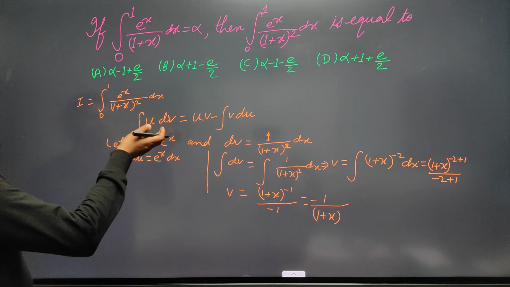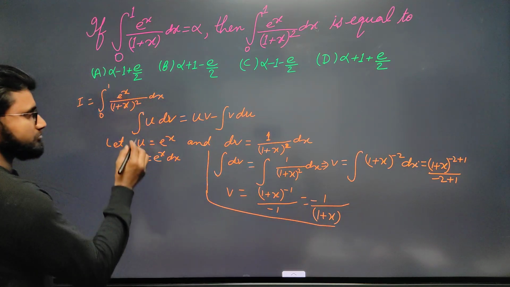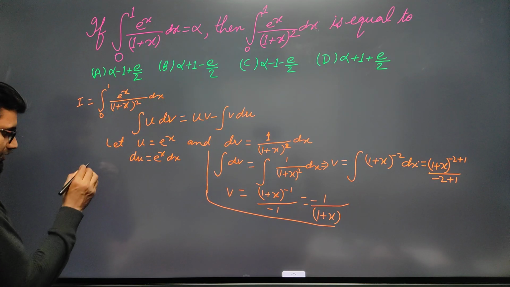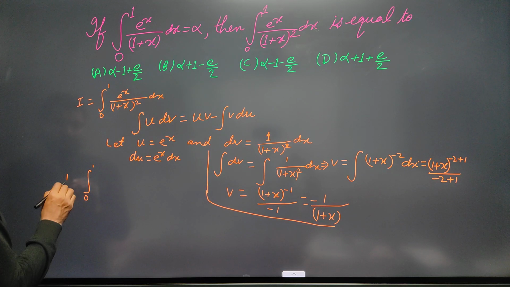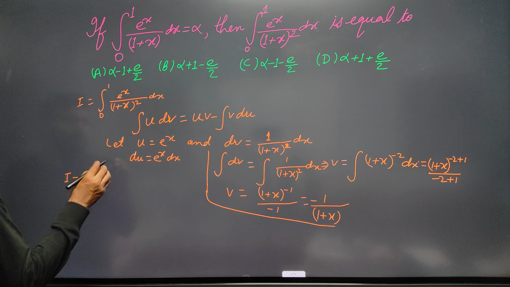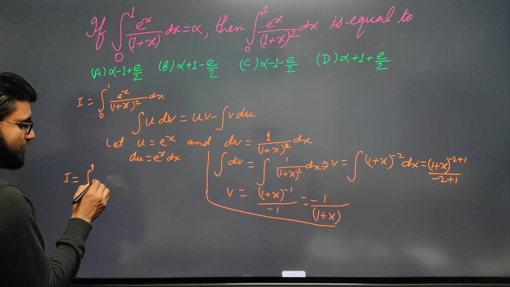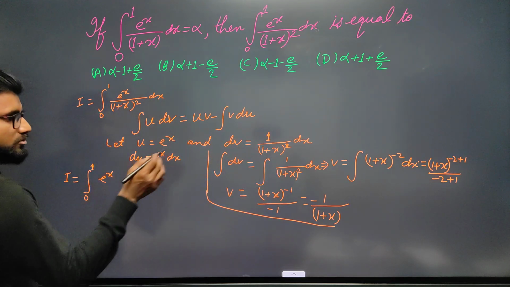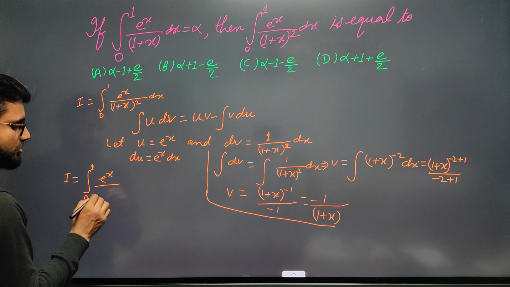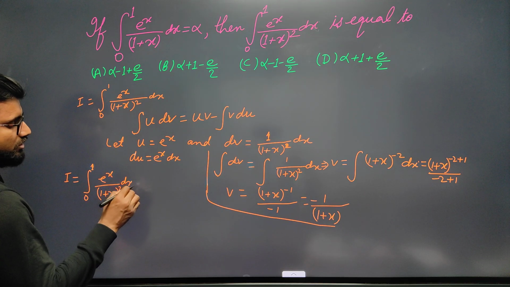Now put these values here. Our integration I from 0 to 1, we assumed u as e to the power x, and dv is 1 upon (1 plus x) whole square dx.